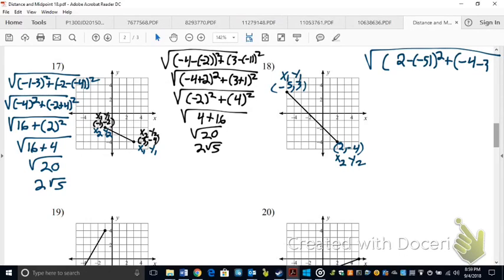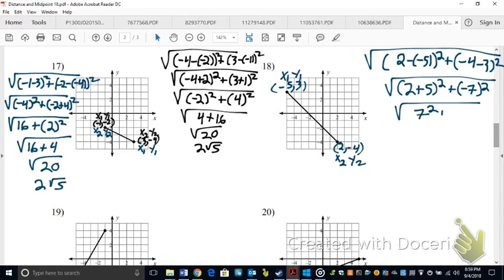So that gives us 2 minus a negative 5 squared plus negative 4 minus 3 squared. That gives us 2 plus 5 squared plus, and then negative 4 minus 3 is negative 7 squared. That's going to give me 7 squared plus negative 7 squared, or 49. And that's going to give us 49 plus 49.